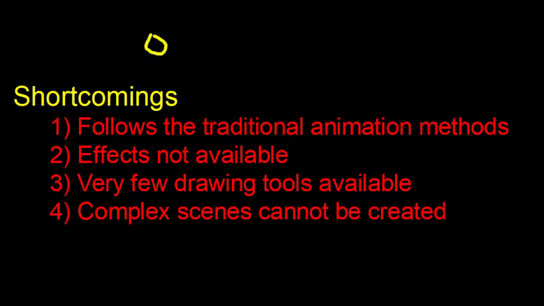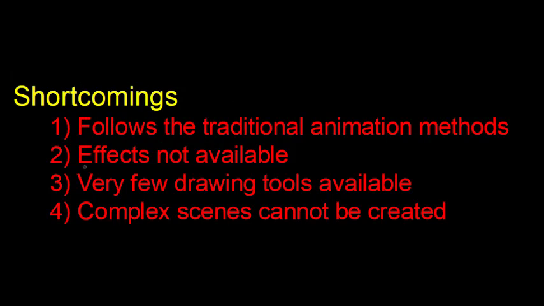On the first frame we have to draw it by hand, and on the second also we have to draw it by hand, and so on. Each frame will carry a drawing which is drawn by hand. So this is the traditional method. Of course, we have some other softwares in which we don't need to draw each and every frame, but here we need to follow the traditional method.